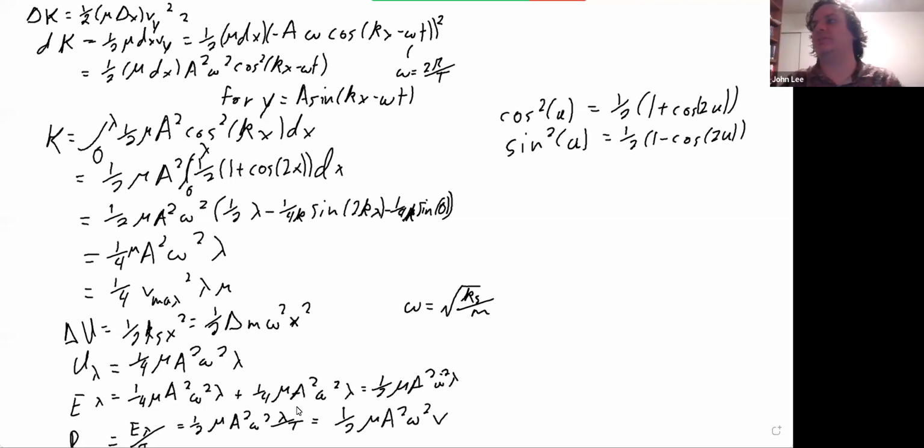That's how much energy is going to pass in one wavelength, and it takes one period for one wavelength to pass, as given by v equals lambda over T.